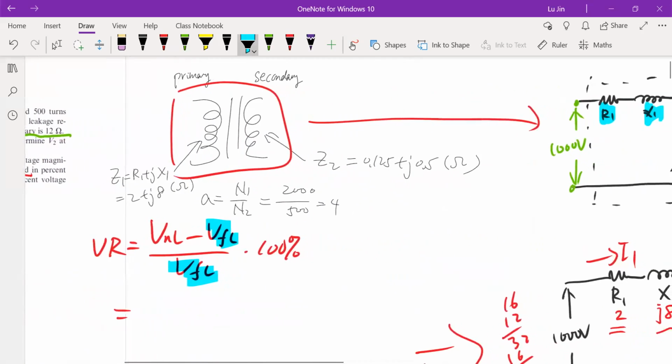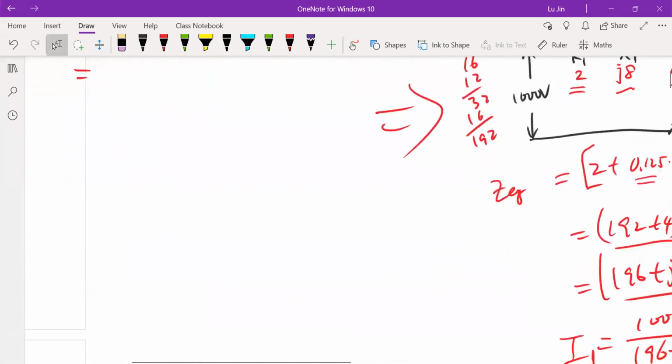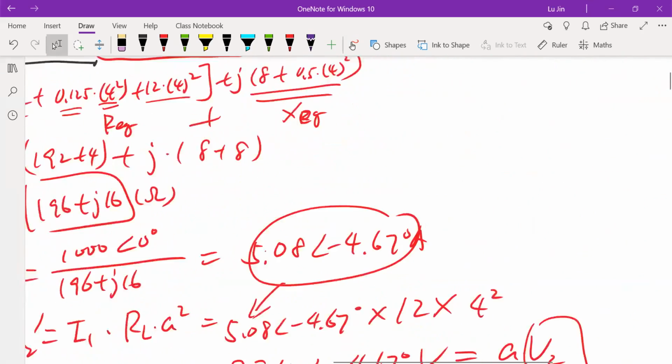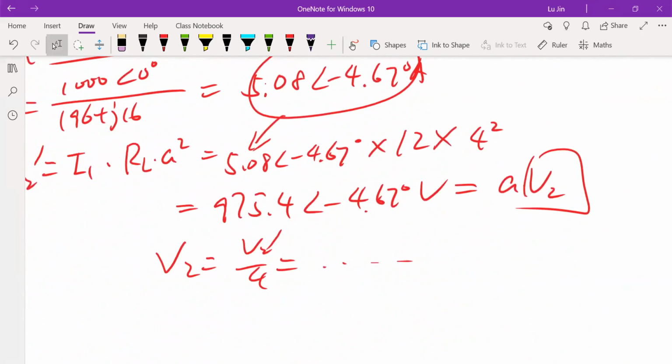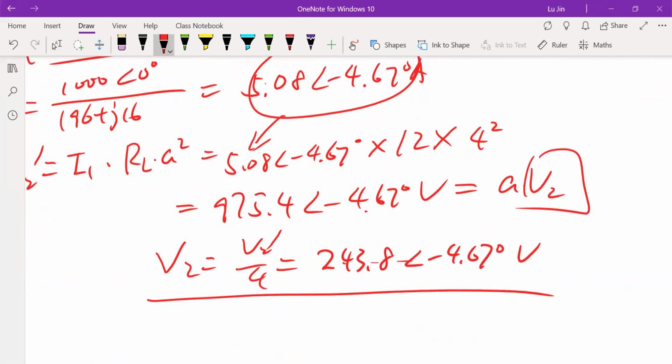So I didn't copy down the final answer, but we can write this down. The V2 should be, from part A, 243.8, again I'm copying the answers, at some angle in degrees, volts. But this V2 is the voltage across that 12 ohm load resistance. So in other words, this is the full load voltage.